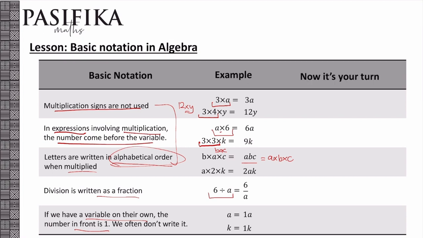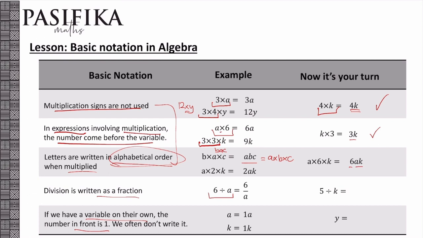How about giving it a go now? Why don't you pause this video and try and work this out on your own? Now, if you said 4k for 4 times k, well done. If you put the number first and then remove the multiplication sign and wrote 3k, well done again.